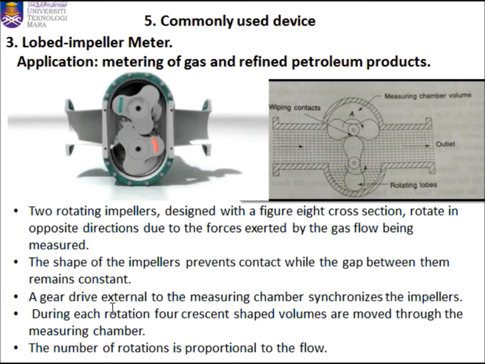A gear drive external to the measuring chamber is synchronized to the impellers. During each rotation, 4 crescent-shaped volumes are moved through the measuring chamber, and the number of rotations is proportional to the flow. So let's see a video that shows how this lobe impeller works.